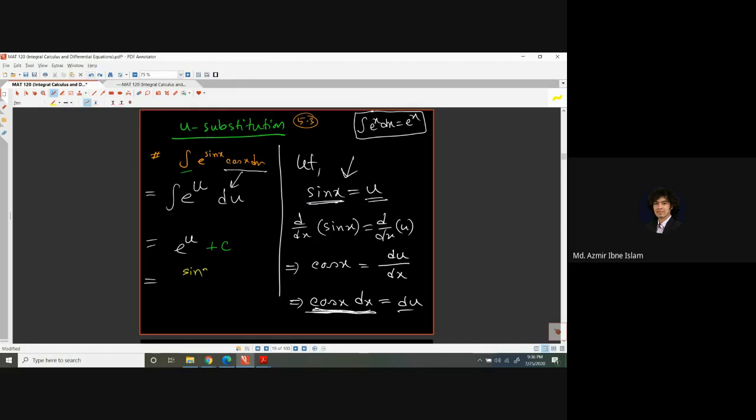So we can write e to the power u as e to the power sine x plus c. This is our final answer, the antiderivative, which means capital F of x.